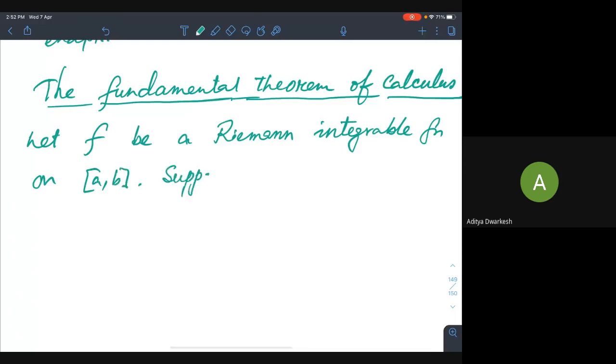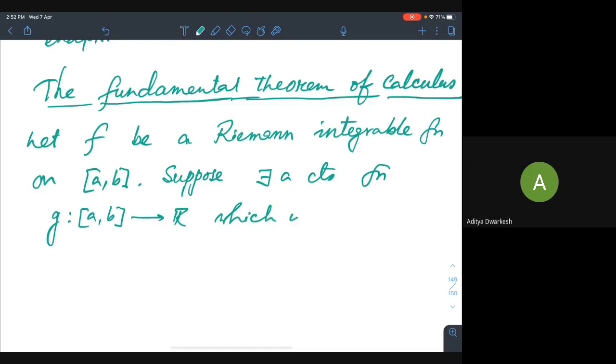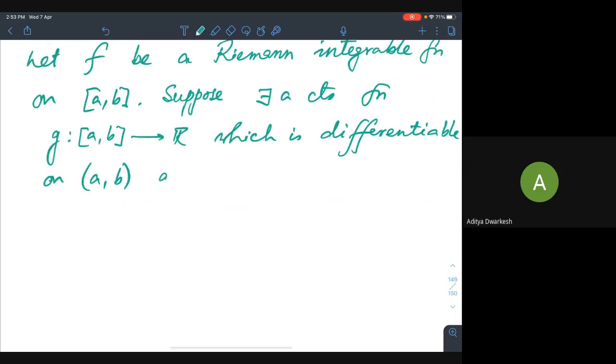Suppose there exists a continuous function g from [a,b] to R which is differentiable on the open interval (a,b), and g'(x) is equal to f(x) for all x in (a,b).